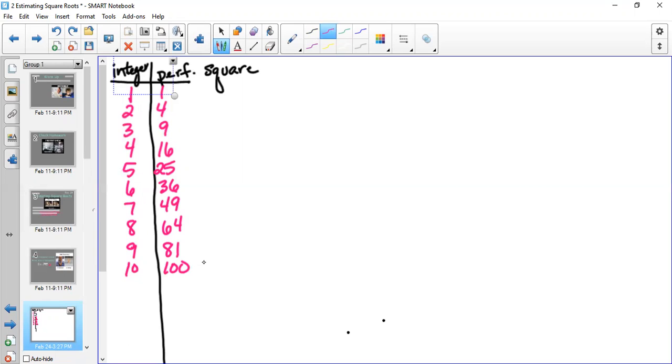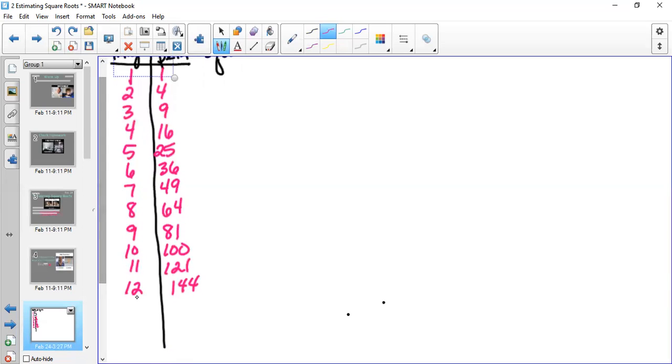It might be after this that it gets a little tough. Maybe you still know 11, which is 121. Maybe you still know 12, which is 144. I group 13 and 14 together because they are the same numbers, just in different orders. So 13 is 169 and 14 is 196. 15 is 225.